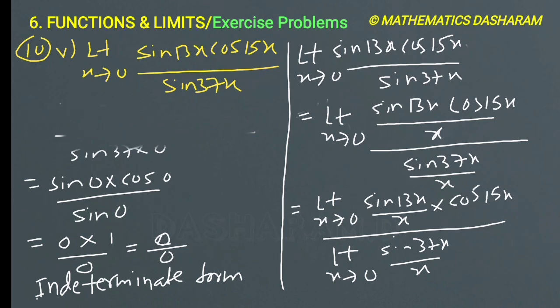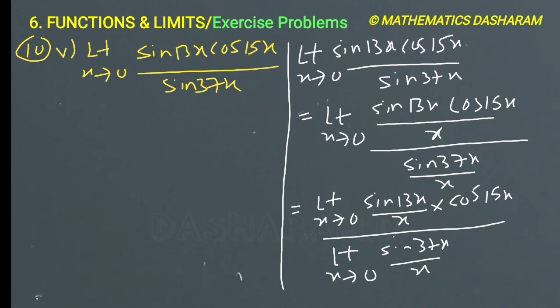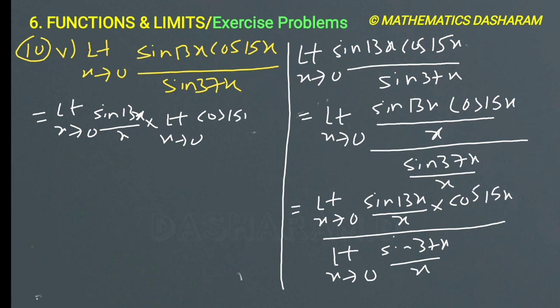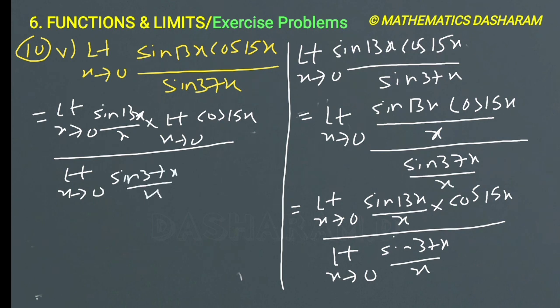So now in the numerator, limit x tends to 0 sin 13x by x. Here limit applies individually. So limit x tends to 0 cos 15x, divided by limit x tends to 0 sin 37x divided by x.